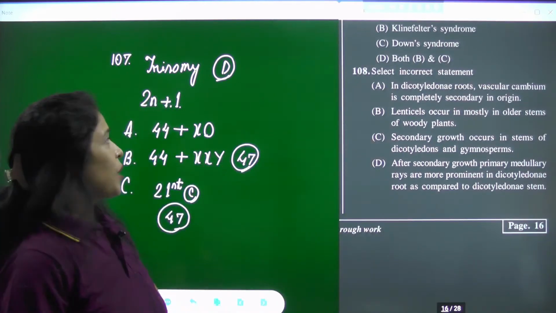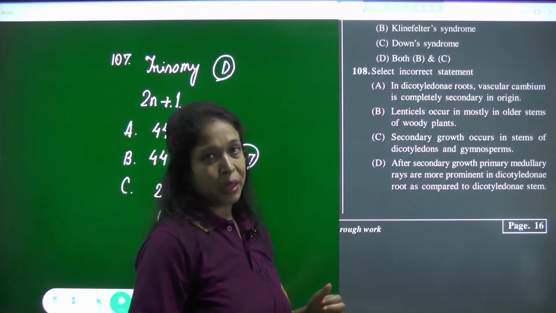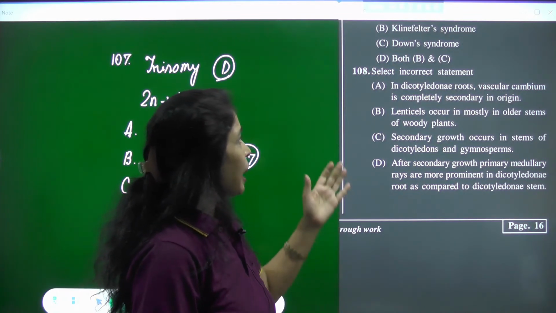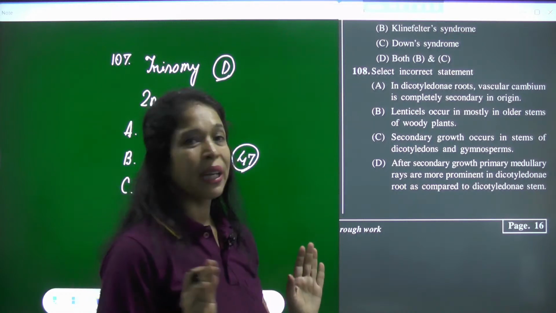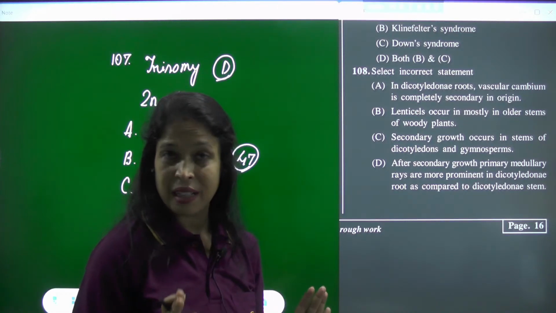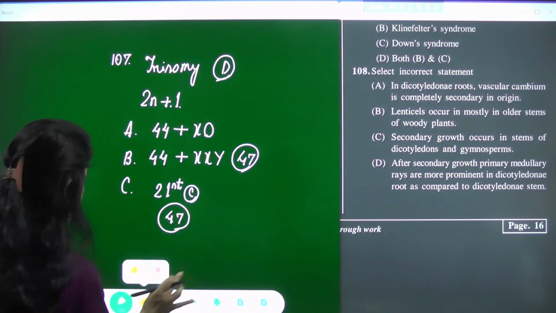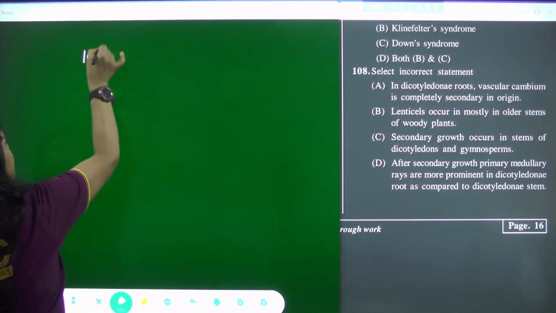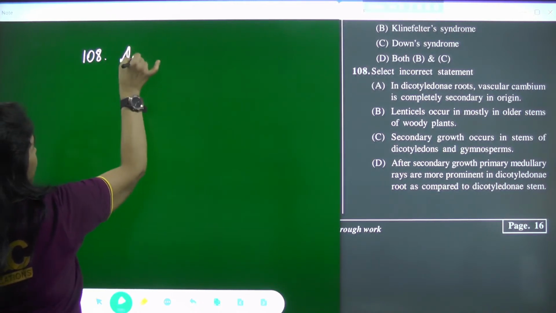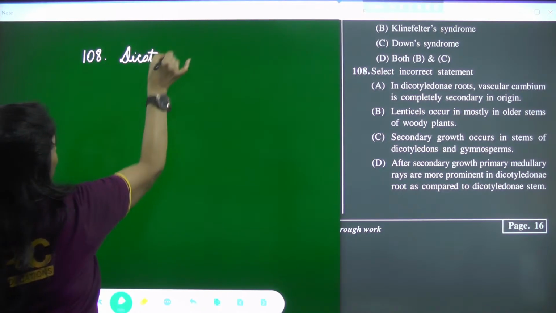Now, let us see the next question, 108, where you are supposed to find the incorrect statement. In dicotyledonous root, vascular cambium is completely secondary in origin, is it? Questions from anatomy. First option, I am talking about dicot root.